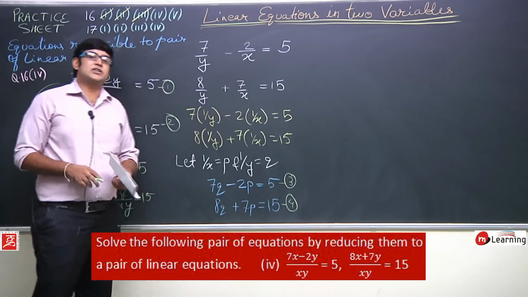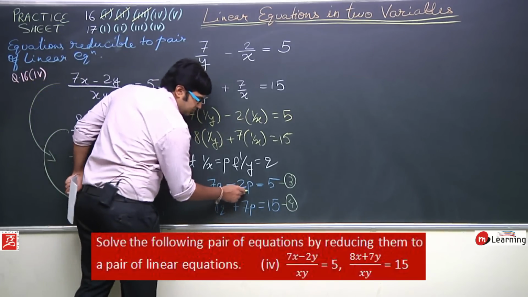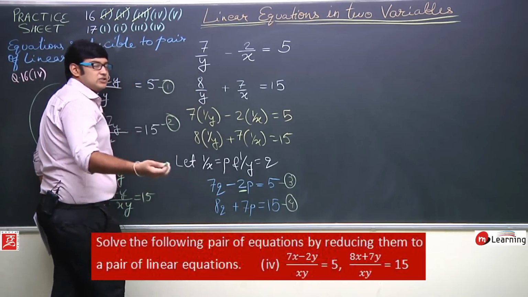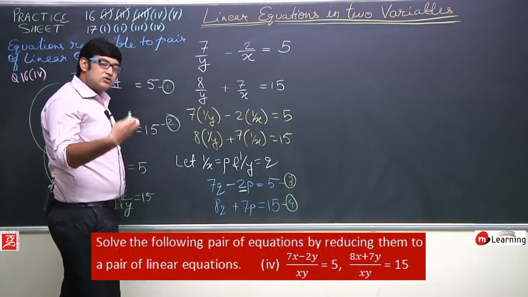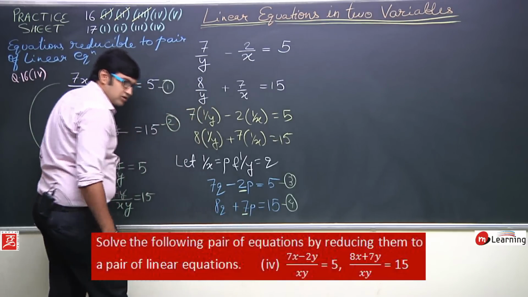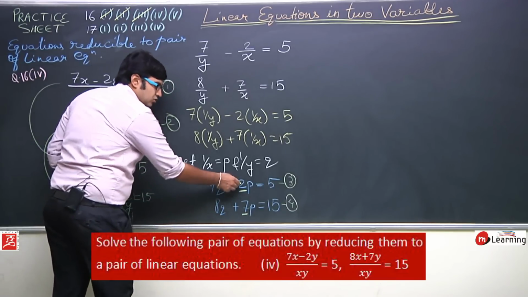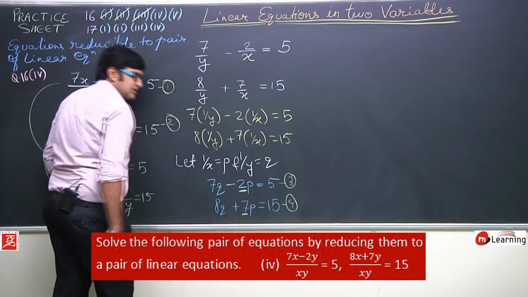So what is the coefficient of p in the first equation? The coefficient of p in the first equation is minus 2, or 2. And what is the coefficient of p in the second equation? It is 7. So I will multiply the second equation by 2 and the first equation by 7.